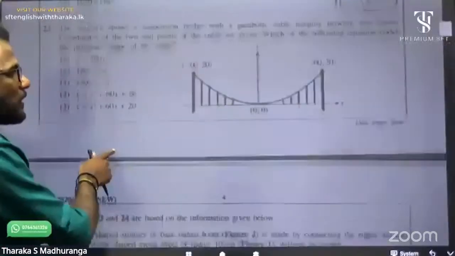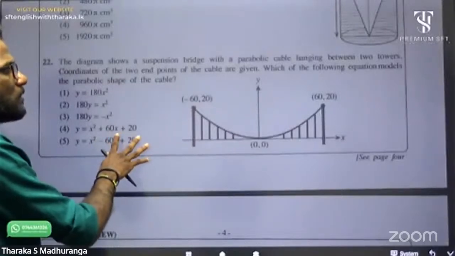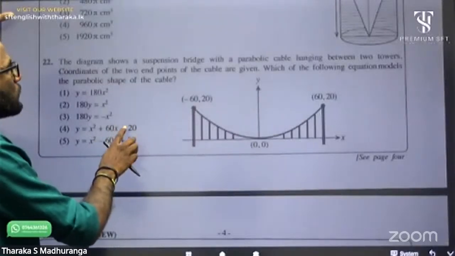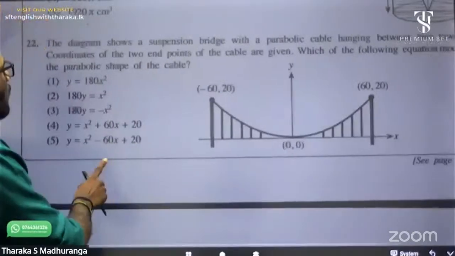Can you calculate this 22 MCQ question? Question number 22. A lot of quadratic function questions come as MCQ questions, and essay questions ask mainly about unit functions.